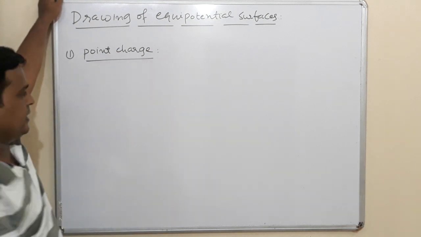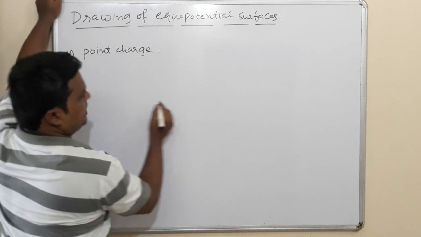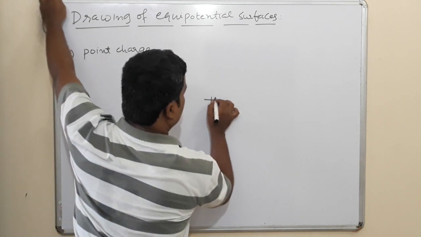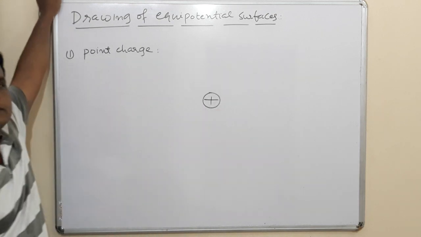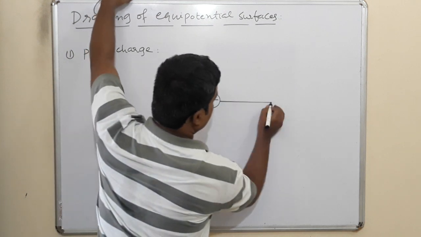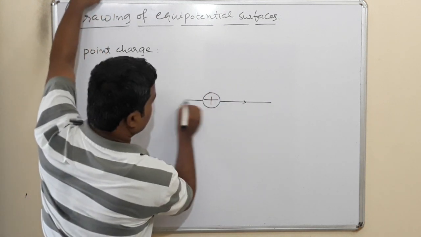Suppose it is a positive charge, then we know how to draw the electric field lines.